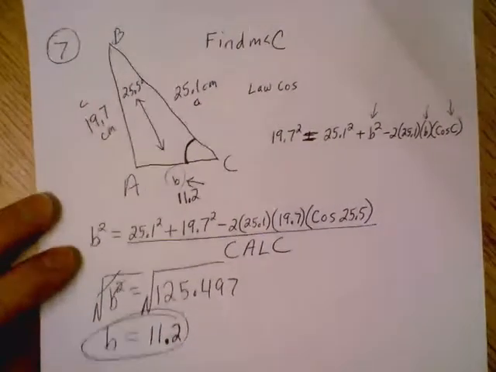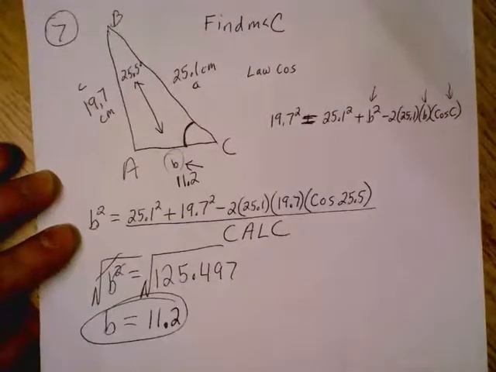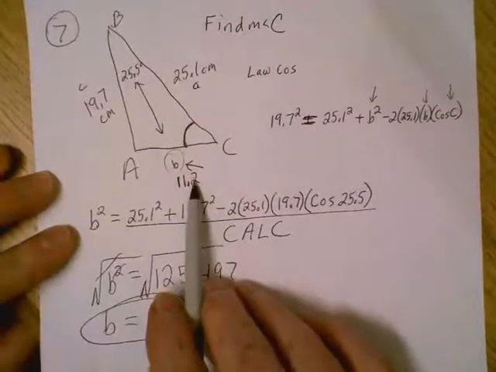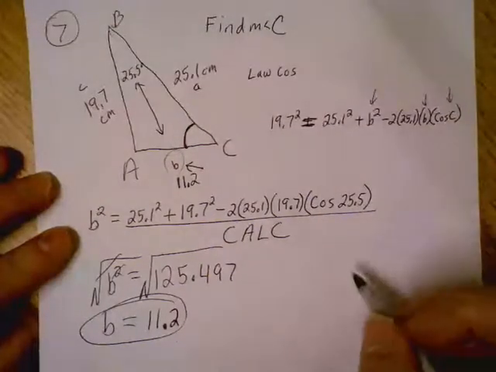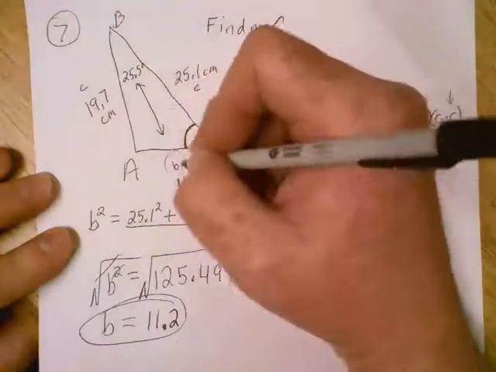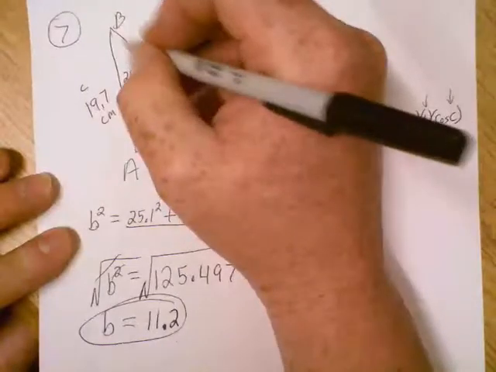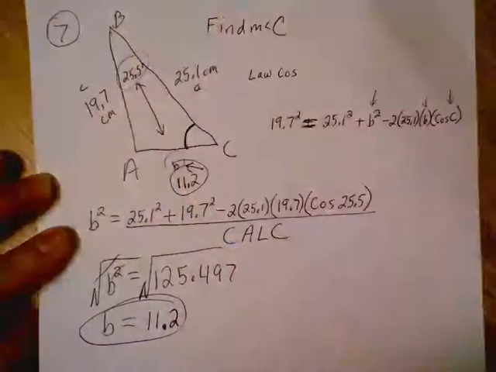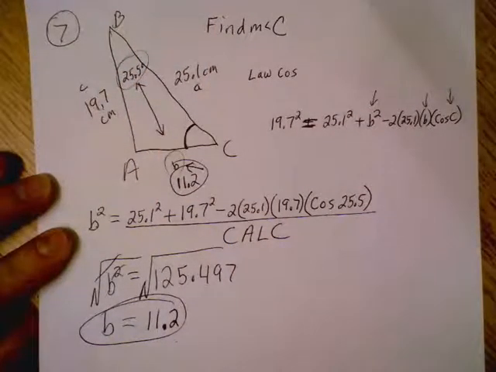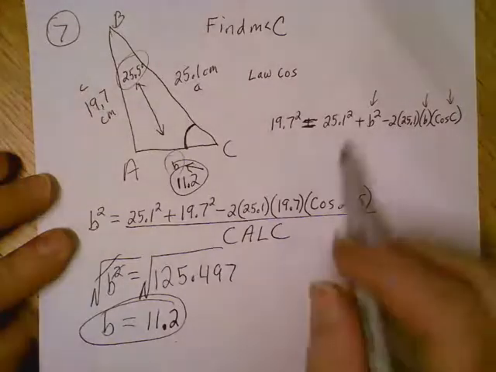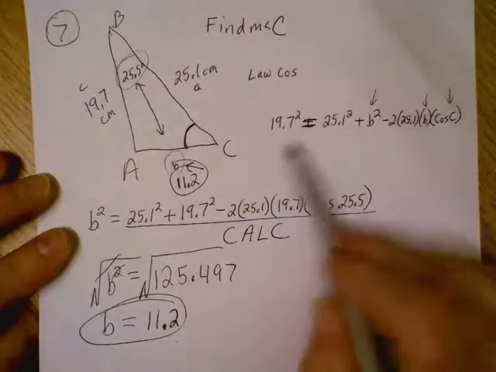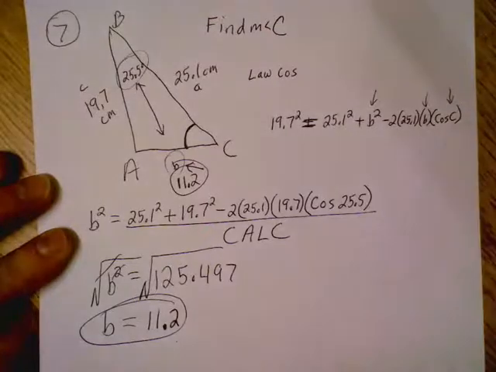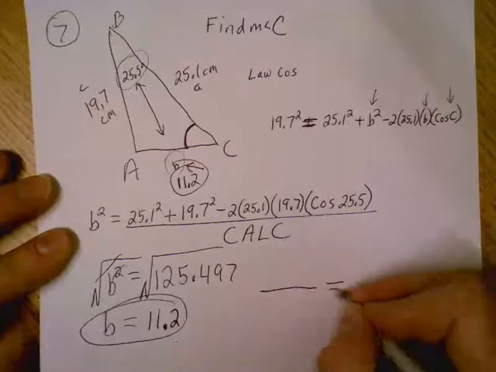Now there's several things that we could do here. Little b, that's not what we were looking for. We were looking for angle C. Probably the easiest thing to do now that we have this, and we know this angle up here, and they're across from each other, is use the law of sines. Or we could take little b and stick it into here and here, and do this formula like we did on one of the previous problems. I'm going to do the law of sines.